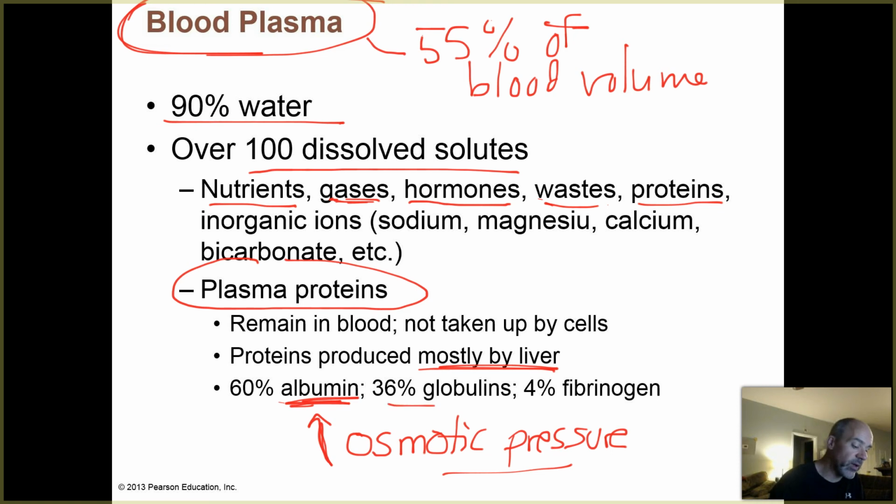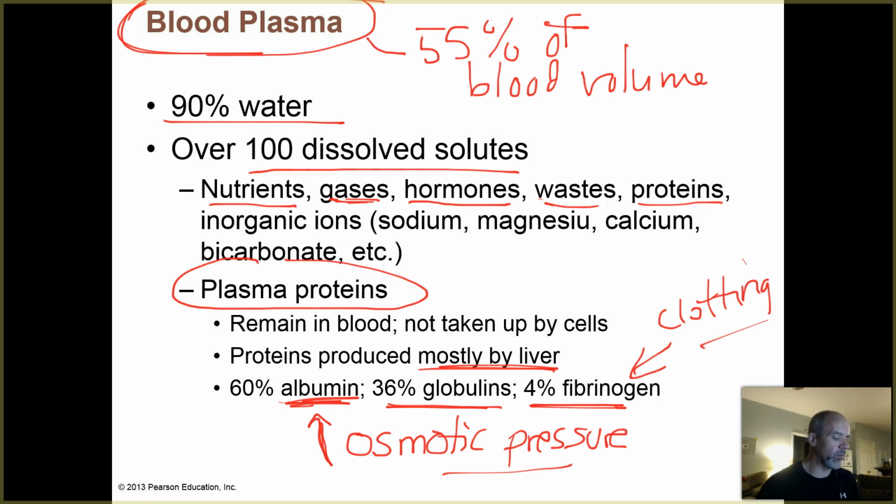About 36% of the proteins are globulins. Some of those are the antibody weapons I was talking about in the last video clip that help you fight infections. And about 4% of your blood plasma proteins are called fibrinogen, and these are involved in clotting. We'll be hearing quite a bit more about fibrinogen as we move through this chapter.